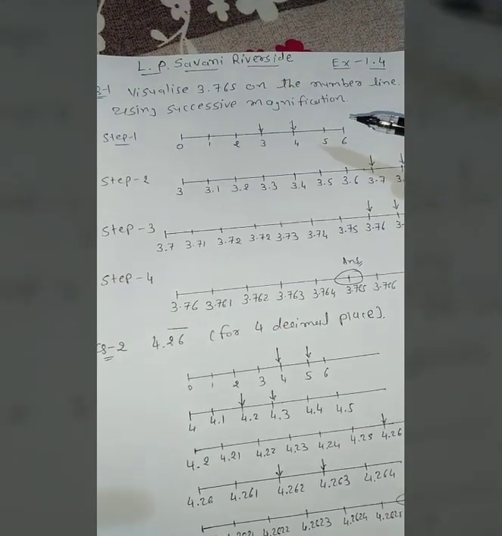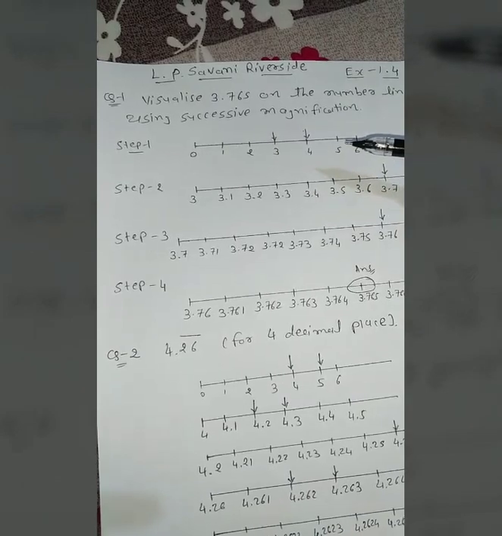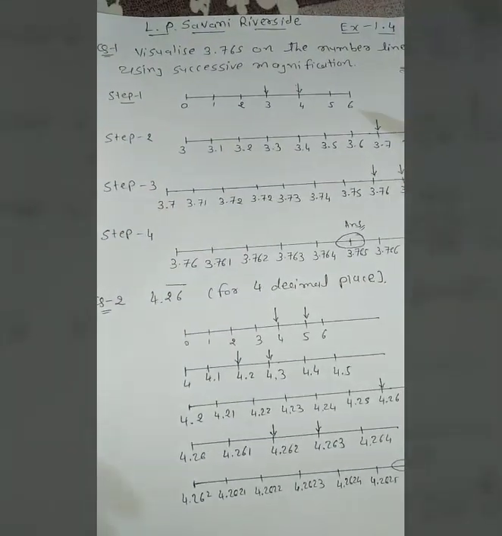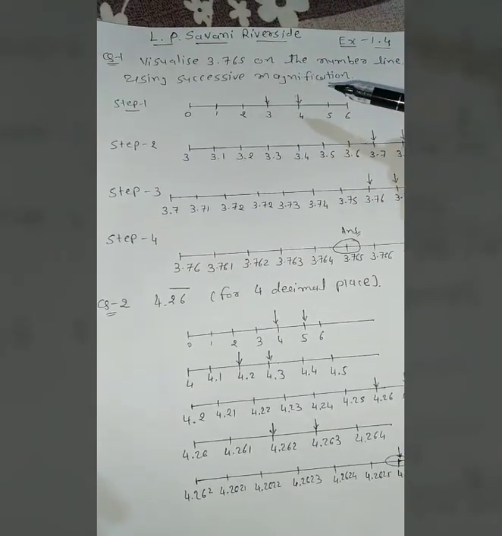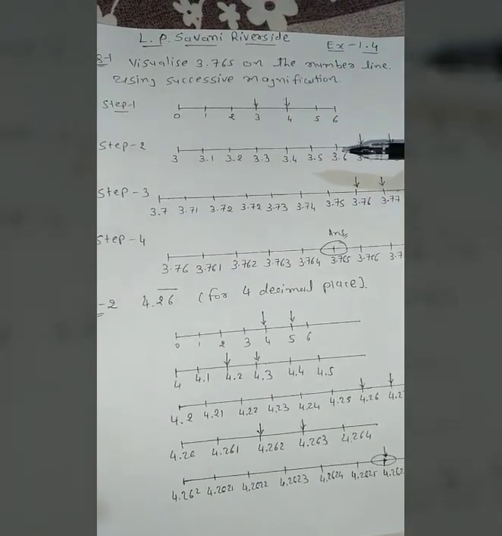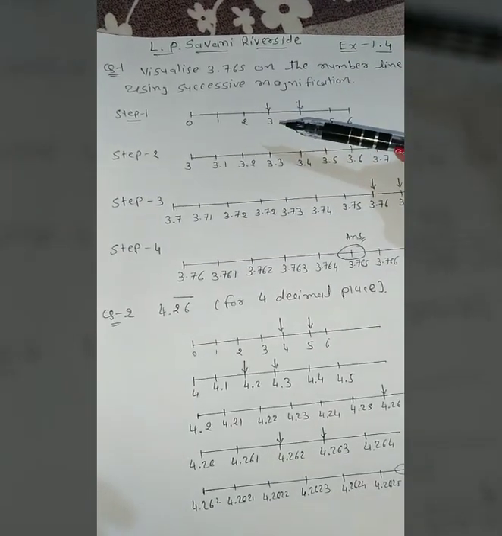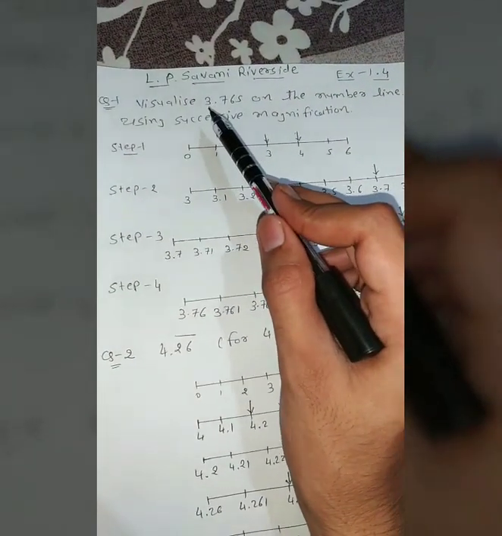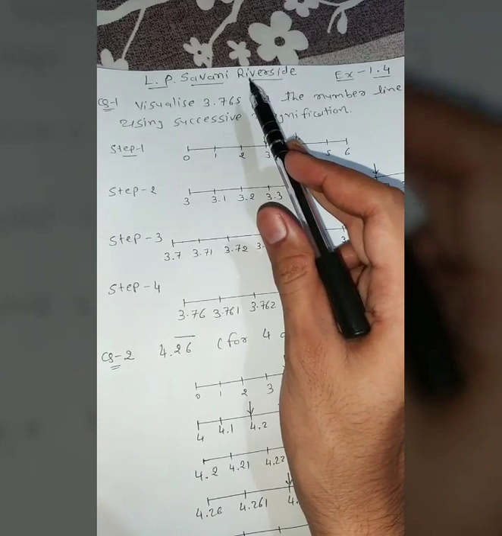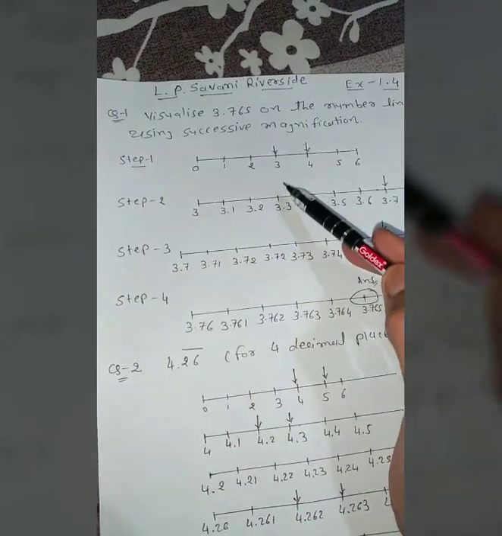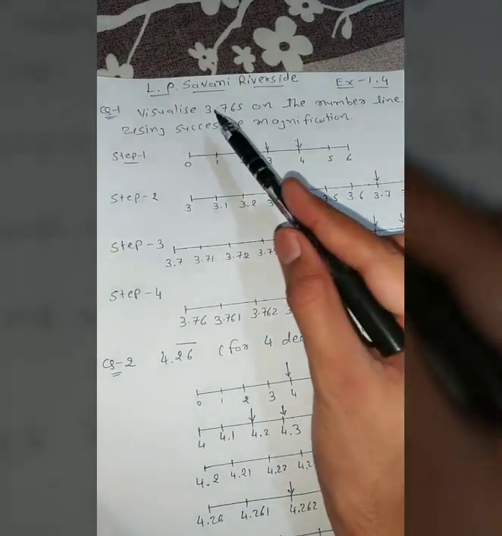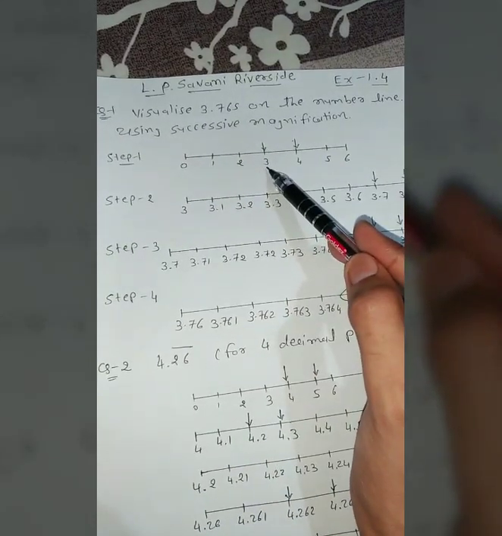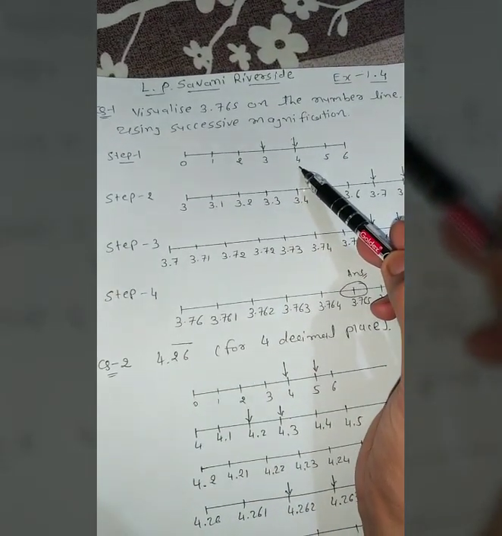So what is the successive magnification method? Let's learn from the example. This is one example of successive magnification. After completing this example, you will know how to magnify any number on the number line. Step number 1: first of all, assume that 3.765 lies between 3 and 4, because 3.765 is greater than 3 and less than 4.